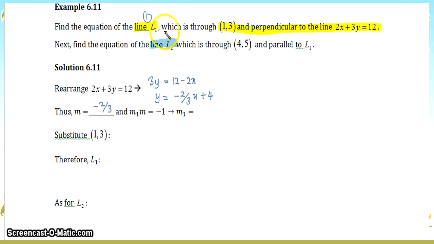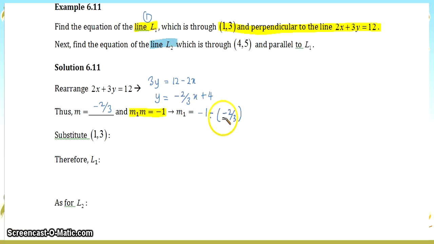To find the gradient of line L1, we need to use this formula: the gradient of the given line times the gradient of L1 is equal to -1. From this formula, we get m1 is equal to -1 divided by m, which is -2/3.